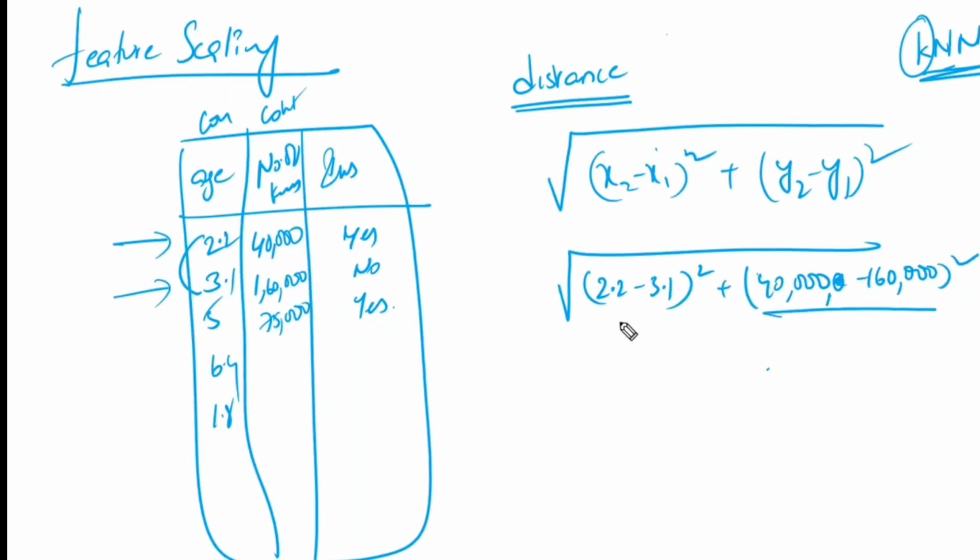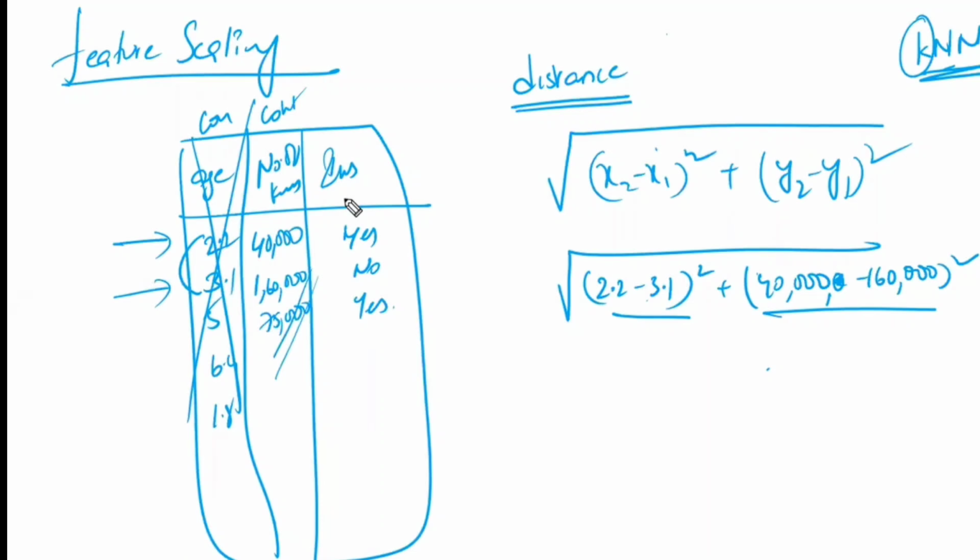Now next to the second term, the first square is negligible. You don't need to count it. The 1.1 square will not matter. Indirectly you are neglecting this feature and focusing only on a single feature. So one feature is dominating the other feature. That is going to be a problem in KNN. So that is the reason we do the scaling.